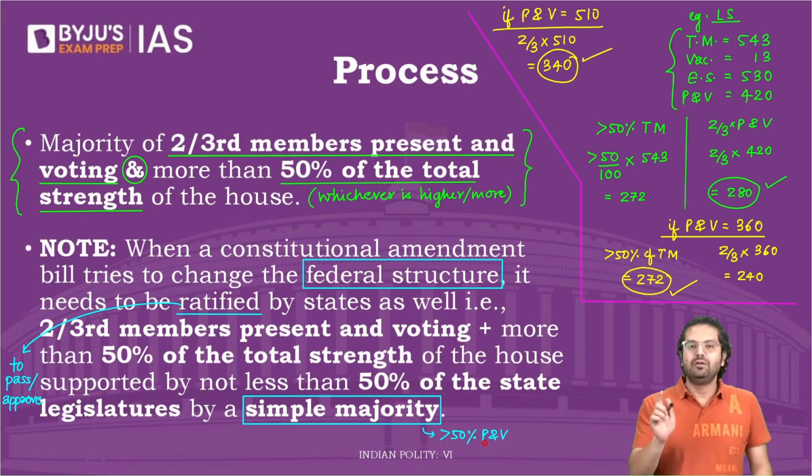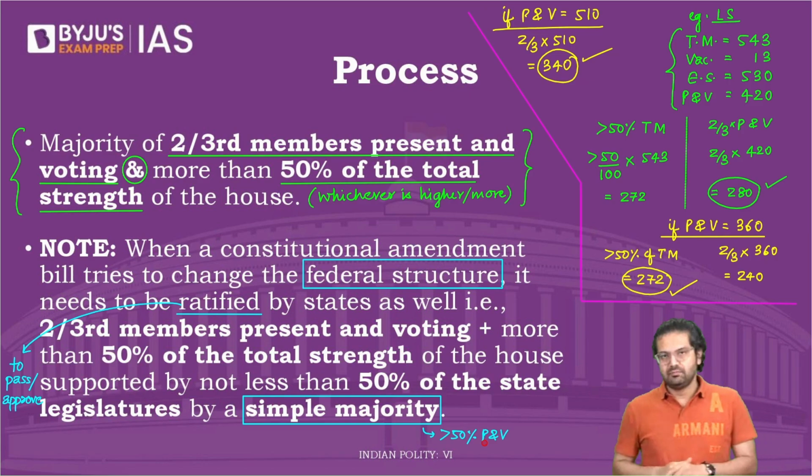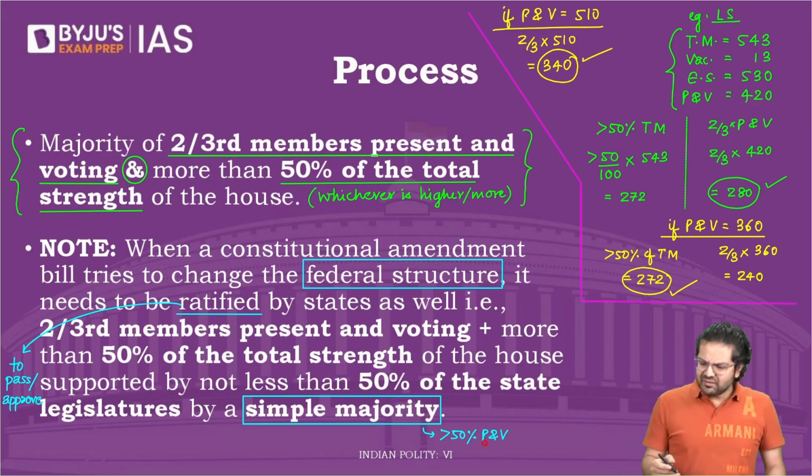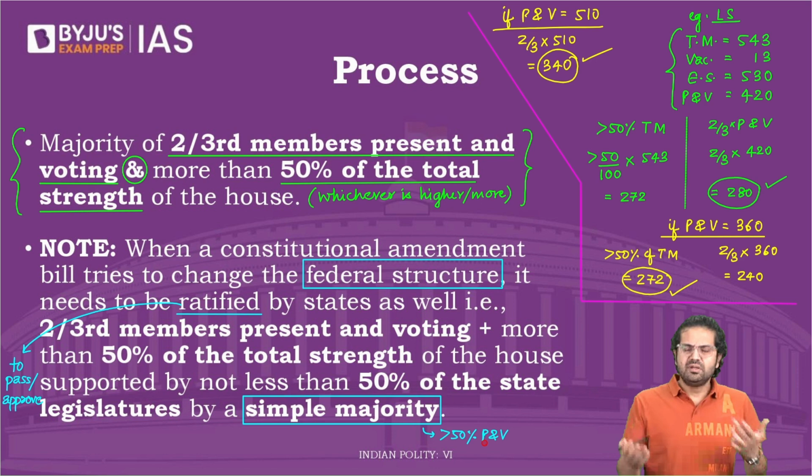Clear? So if you want to modify any federal feature, it's a two-step procedure. Step 1 at the parliament. Step 2 at the state level. Now somebody can have a question: sir, what is this federal structure? How do I know that something is a federal structure, something is not?